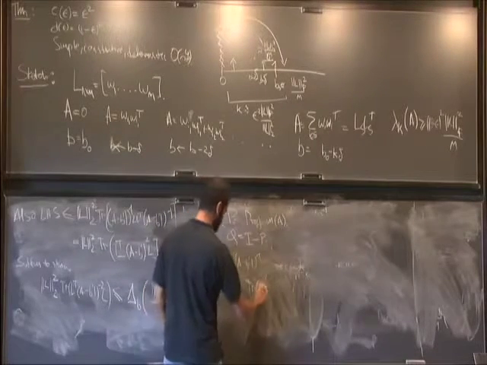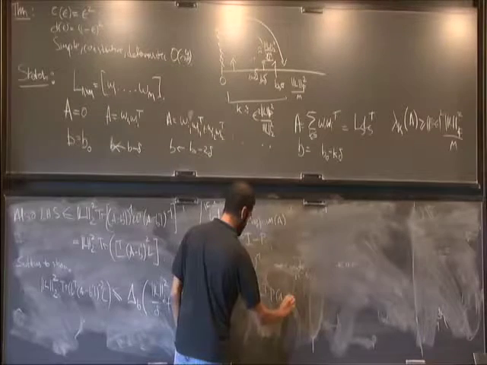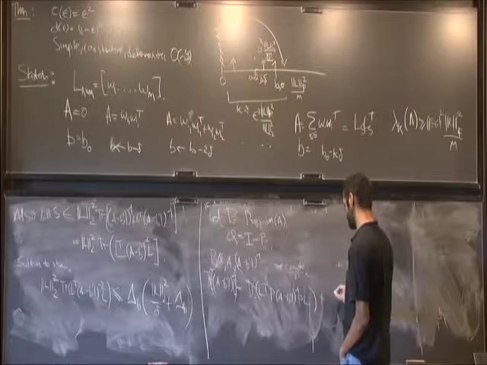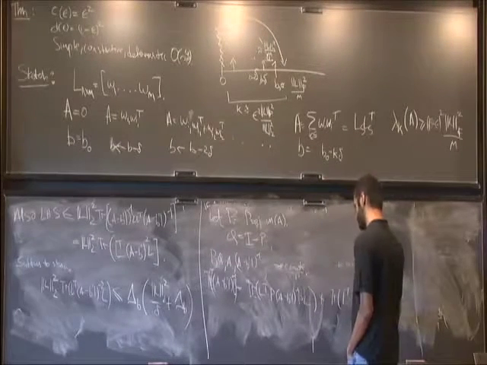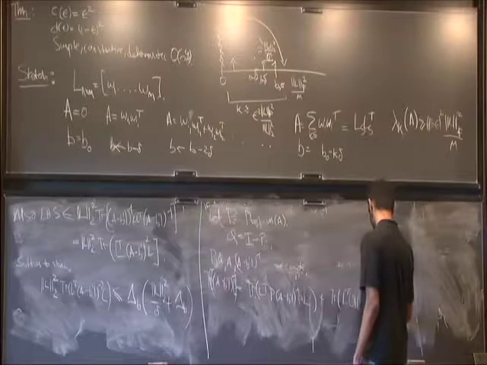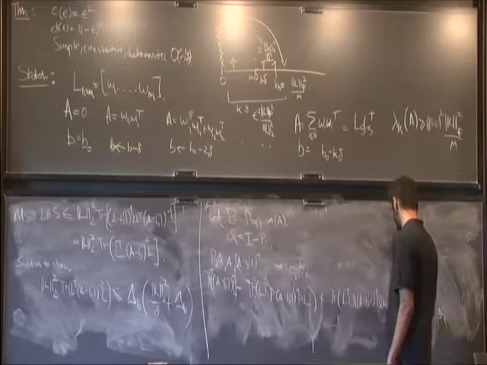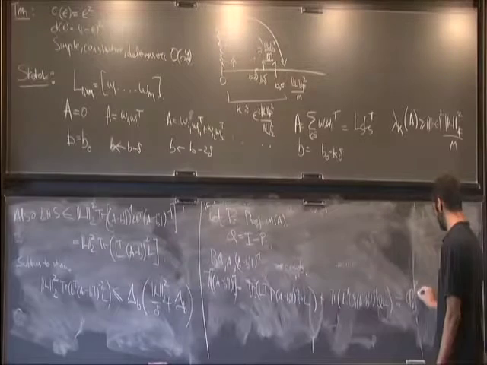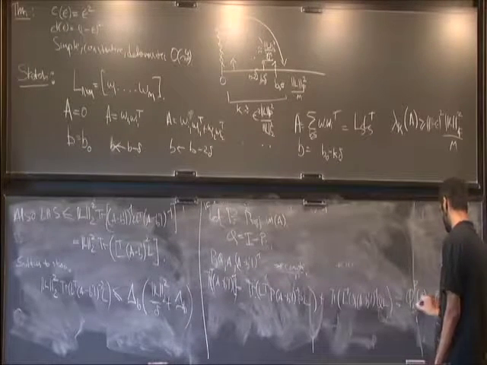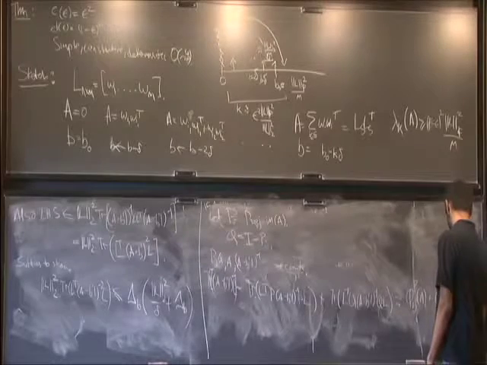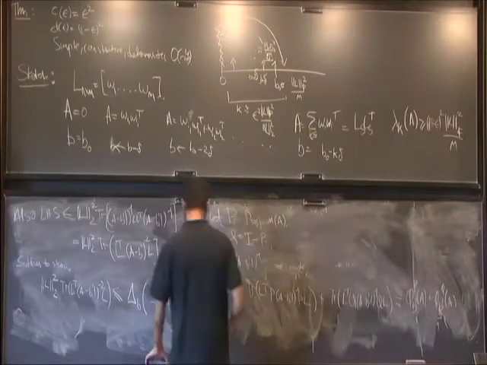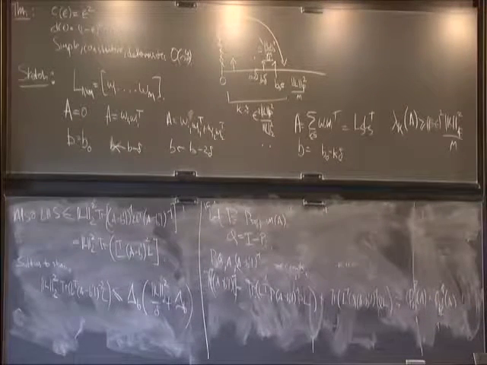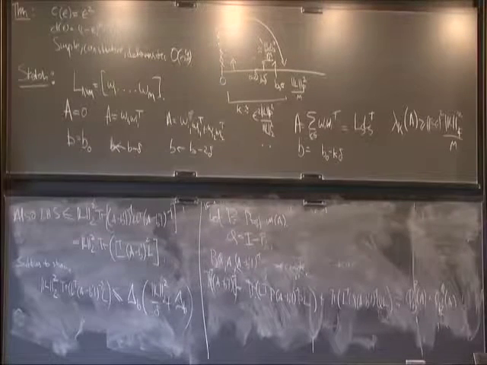So my potential is trace of L transpose P A minus B prime I inverse P L plus trace of L transpose Q A minus B prime I inverse Q L. I'm going to call these things the potential on P and the potential on Q. This is just a way of writing that there are different contributions from the 0 eigenvalues and the ones that are bigger than B prime.